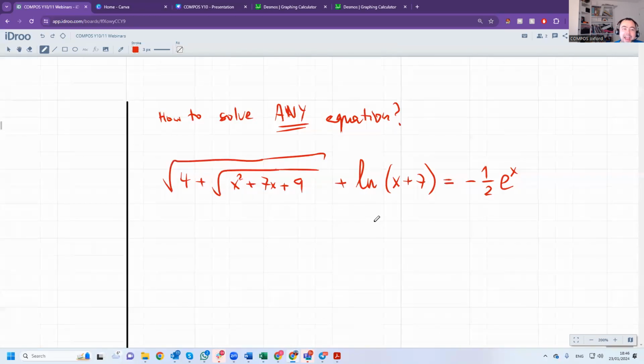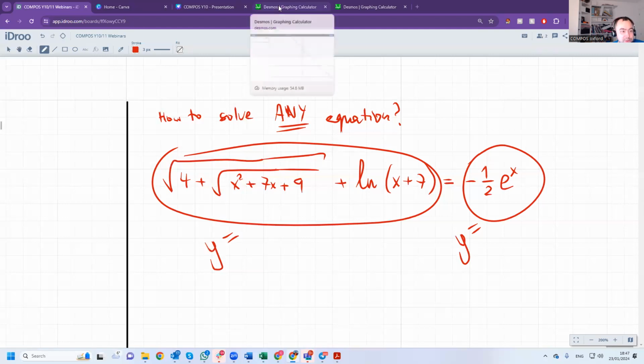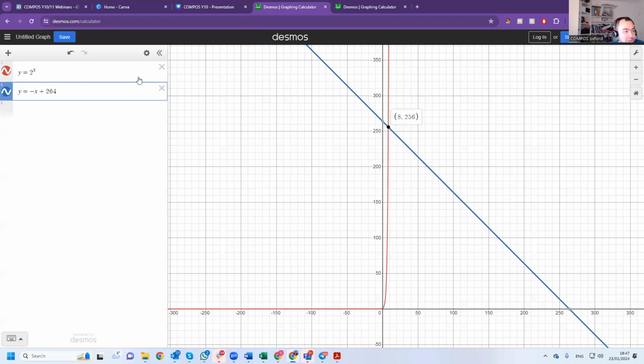So a difficult equation. How do you do it? Well, you just draw the left-hand side. So y equals this, and y equals this. Of course, you'll need technology to draw it, because who in their right mind? Well, people did. You used to do that. So you just draw both equations.